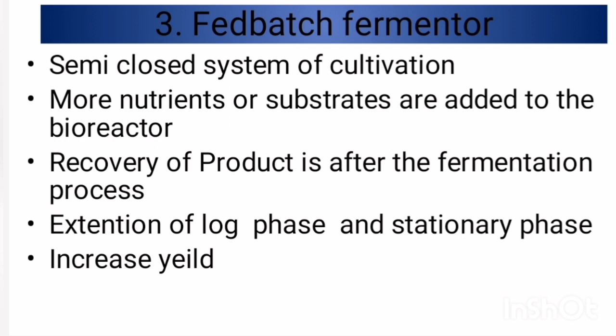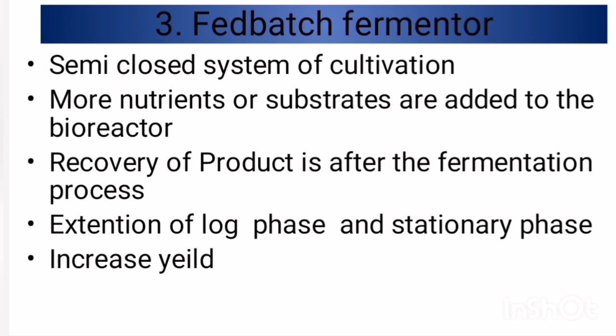Fed batch fermenter is used in the biotechnological process where one or more nutrients or substrates are added to the fermenter during cultivation and in which the product remains in the bioreactor until the end of the process.